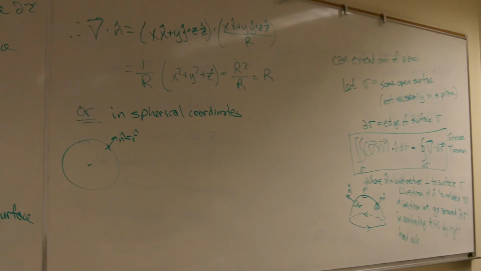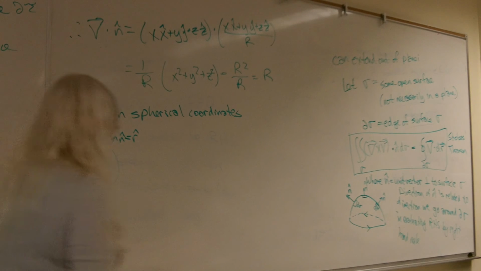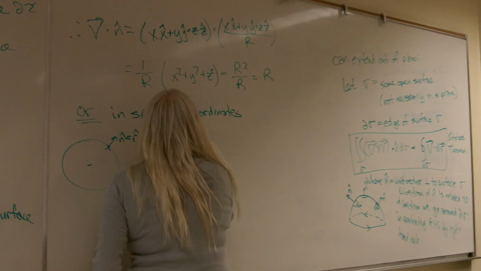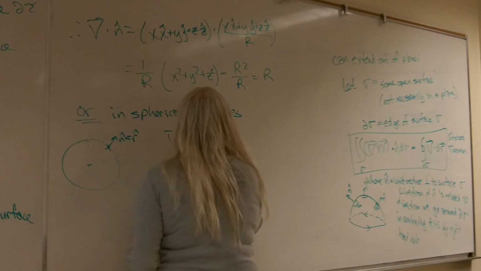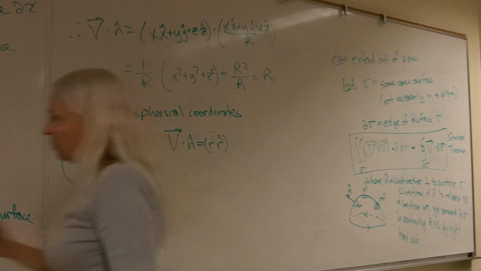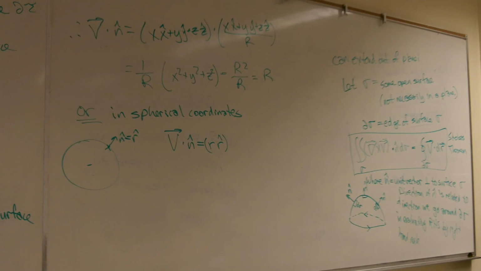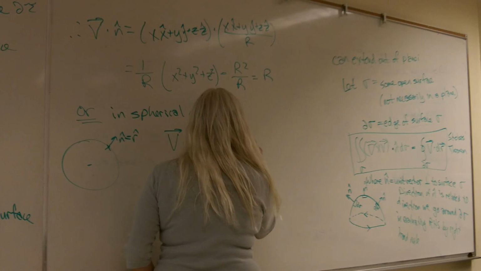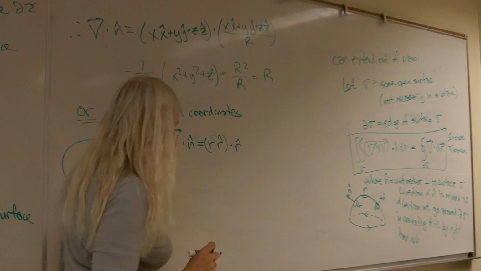Right? It points radially outward in spherical coordinates. So in spherical coordinates, we could say v dot n hat is equal to r times r hat. That's what v was in spherical coordinates, as we said over there at the beginning. And that gets dotted into r hat, because that's what n hat is in spherical coordinates.